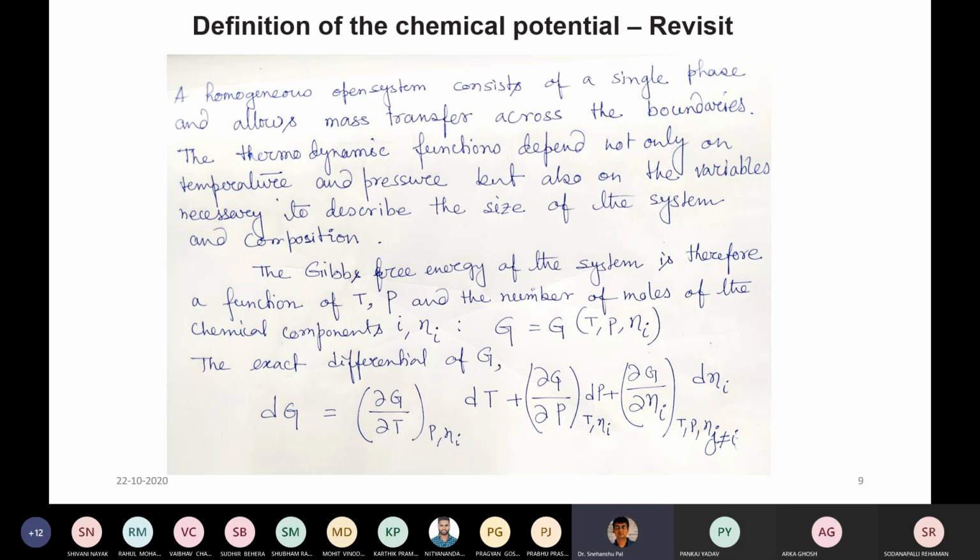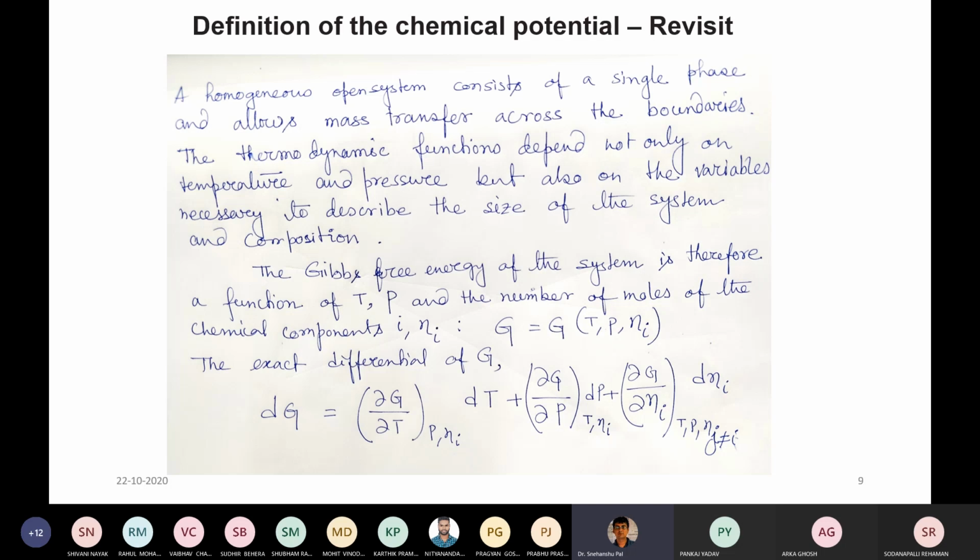So a homogeneous open system, if it consists of a single phase, and what is written in the slide, allows mass transfer across its boundaries. The thermodynamic functions depend not only on temperature and pressure, but also on variables necessary to describe the size of the system and its composition.